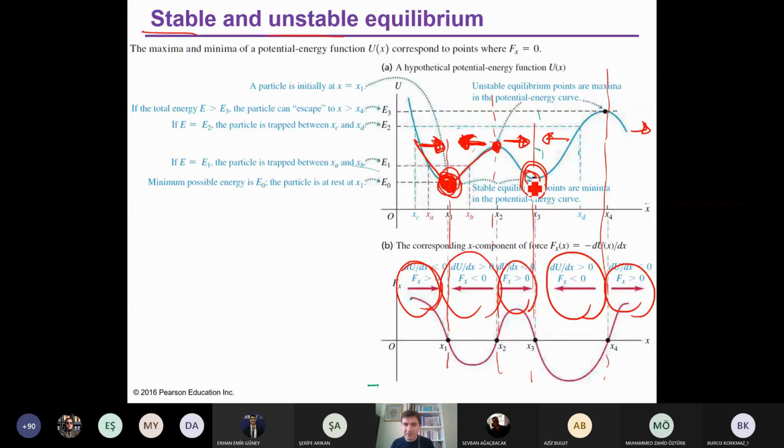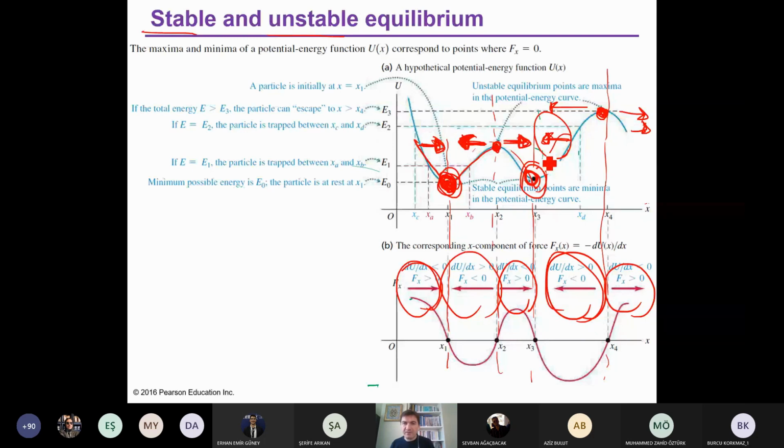And look at this one. The force pushes the body to this minimum. And here for this one, the force pushes the system to this minimum. I'm looking at the direction of the force, which I have calculated here.